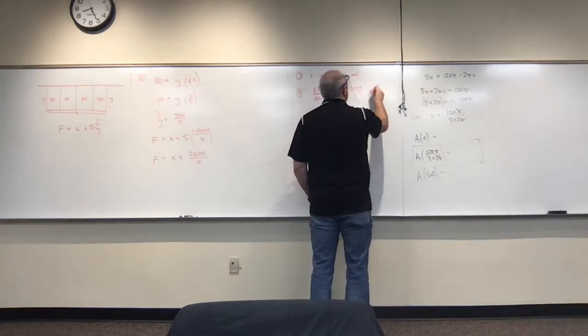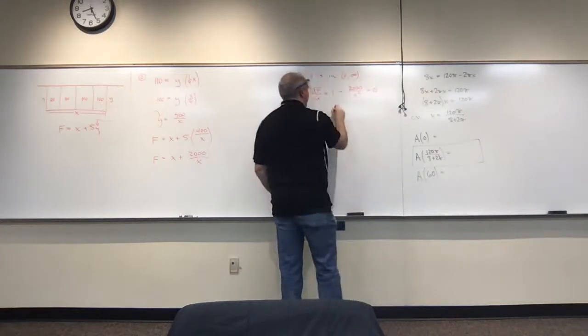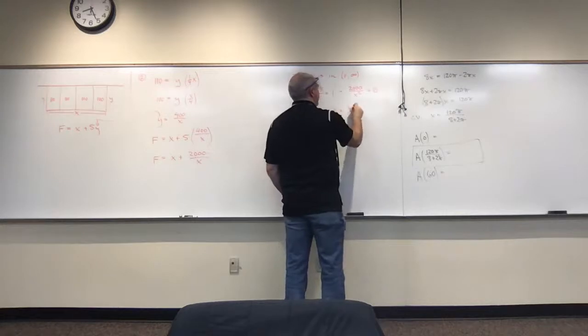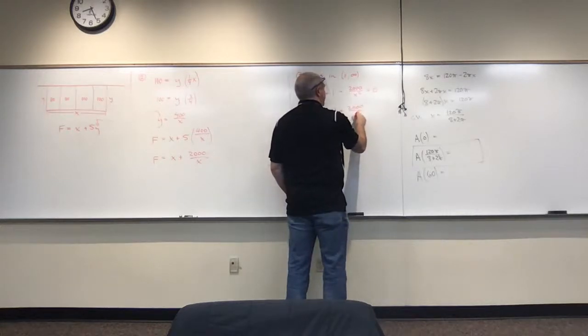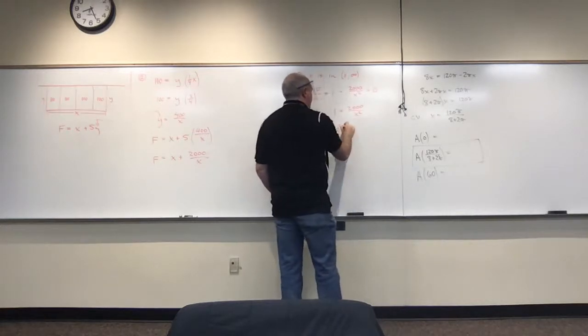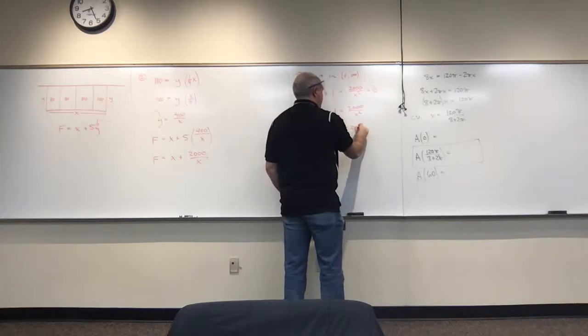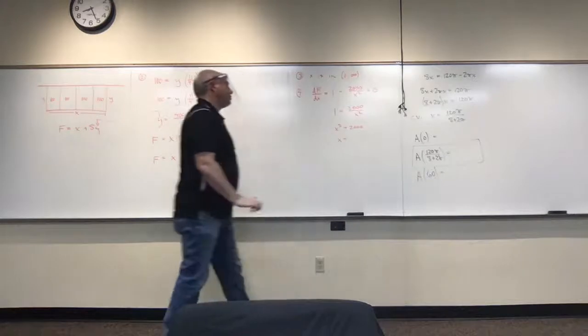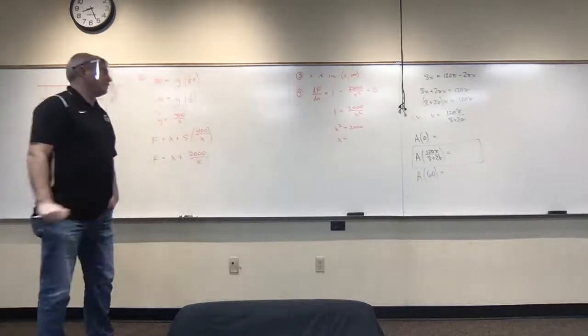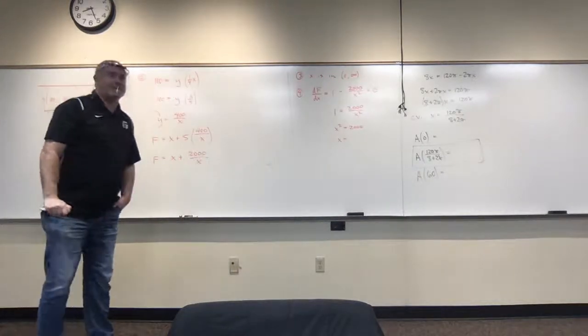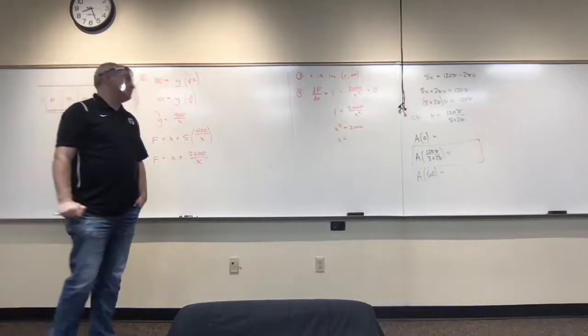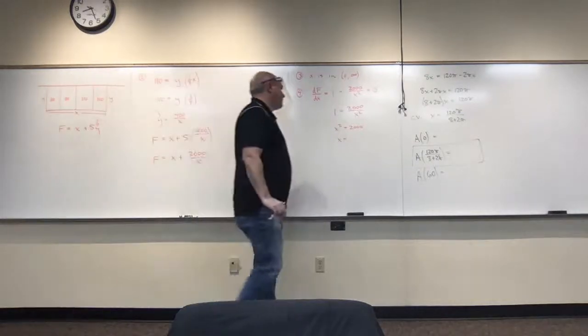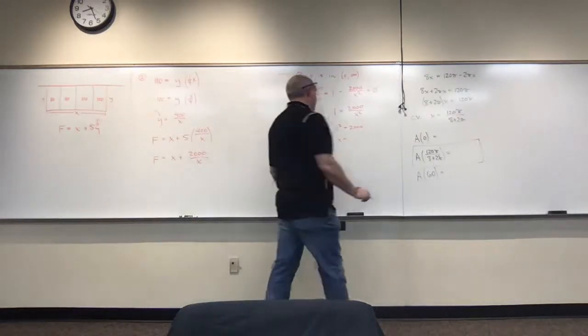So I set this equal to 0 and solve for x, and I get that 1 equals 2,000 divided by x squared, or x squared equals 2,000, or x is equal to the square root of 2,000. Is that anything nice? 44.72.